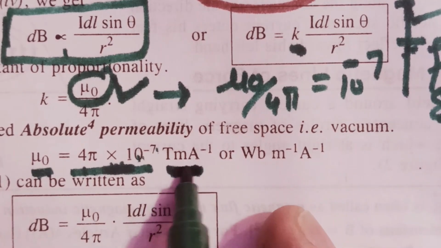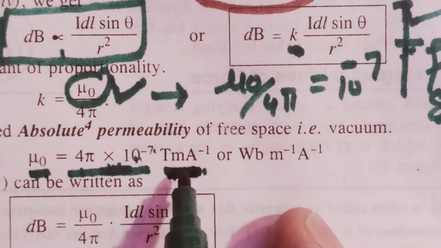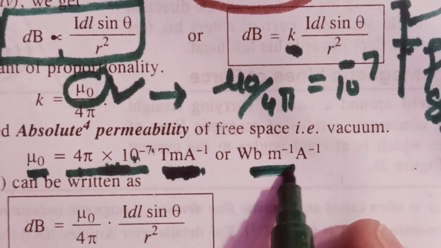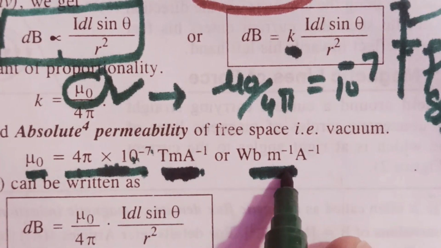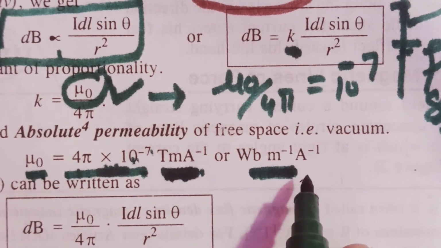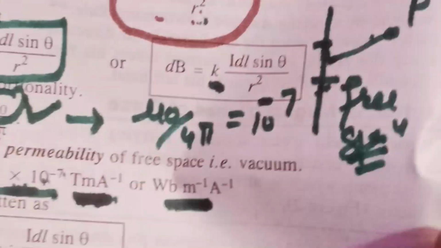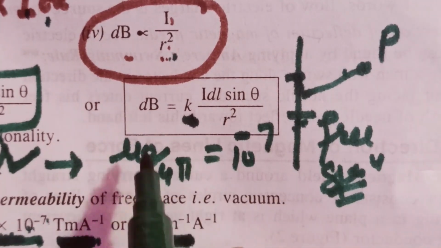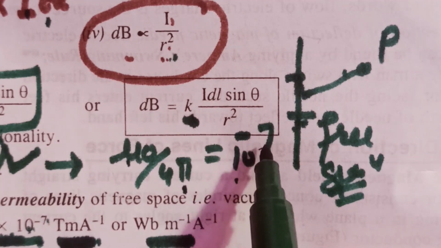For this equation, please tell me how this unit comes and how this unit comes. These are two questions. Write me in the comments box. So for free space, air or vacuum, this K is replaced with mu naught upon 4 pi and its value is 10 to the power minus 7.